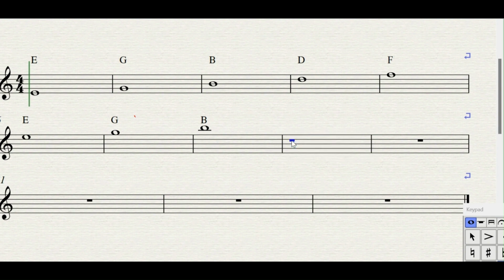The next ledger line note will be two ledger lines above. And I want you to take note of the distance between the first ledger line and the second ledger line. It's approximately the same distance that you'll get in a stave, because a ledger line extends a stave.